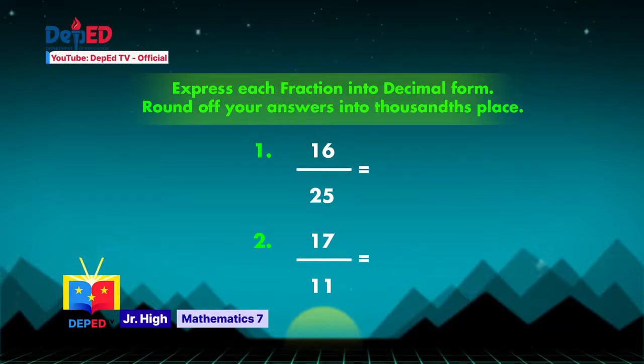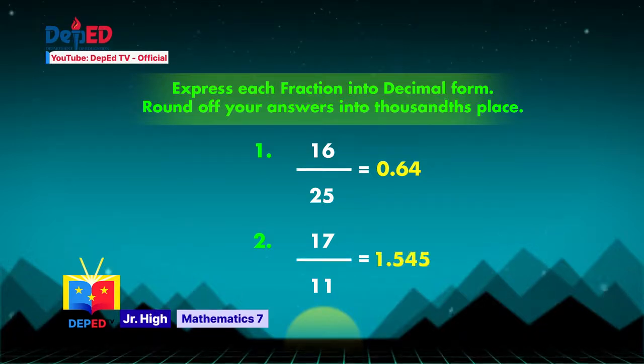So what is your answer for number 1? Perfect! The correct answer is 0.64 or 64 hundredths. For number 2, nice work! You got it right. The answer, correct to 3 decimal places, is 1.545.